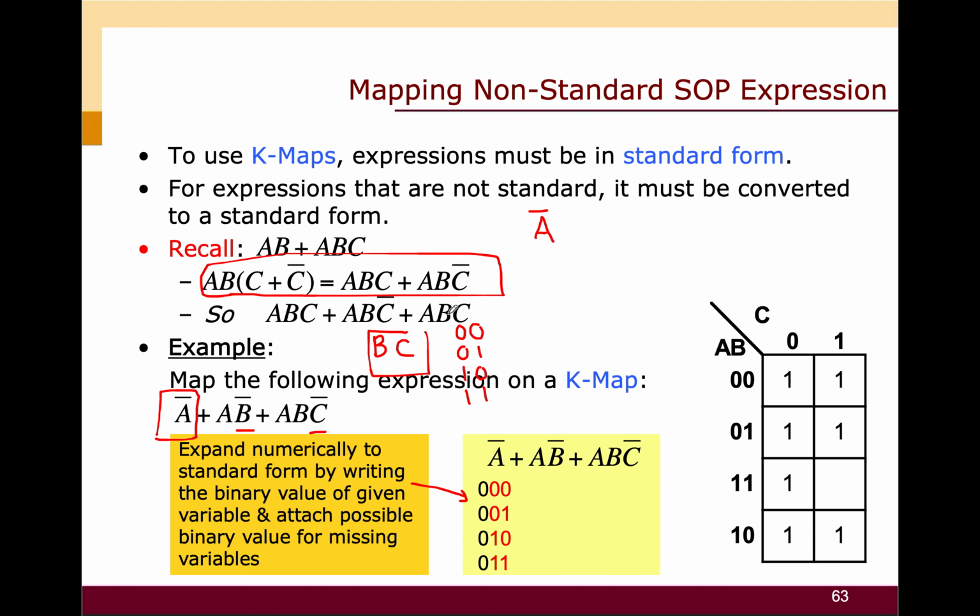Because sometimes you will get BC plus B bar C plus B C bar, and so on.